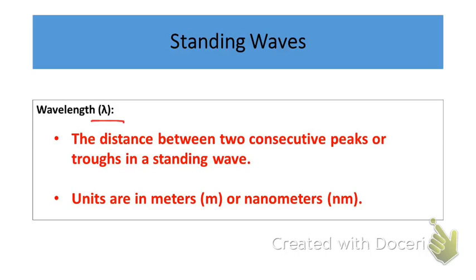Now, we use an abbreviation or a symbol for wavelength, which is this funny little character here that we call lambda. Now, that's not a very good one, so let me draw it again. Okay, this is known as lambda. It's a Greek letter. And it just identifies that we're talking about wavelength whenever you see it. And again, the units are in meters.